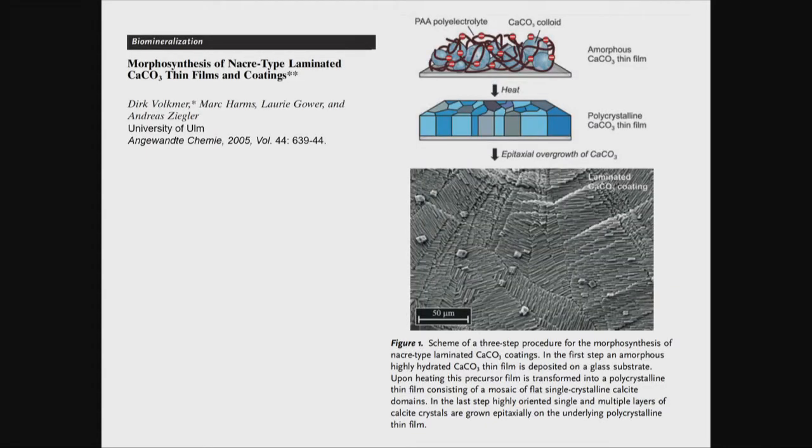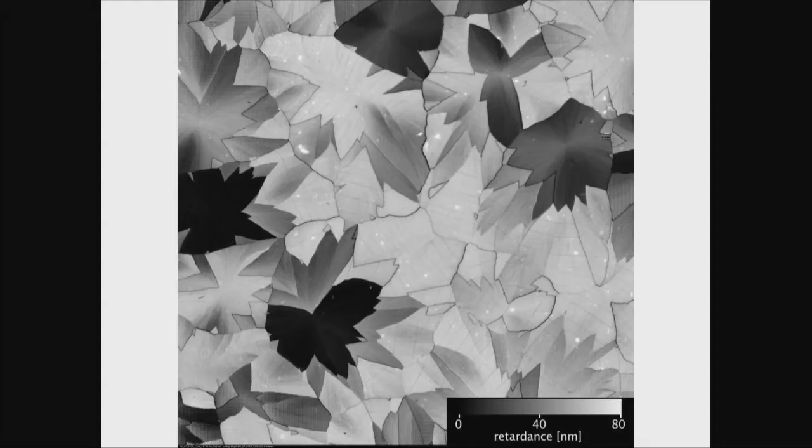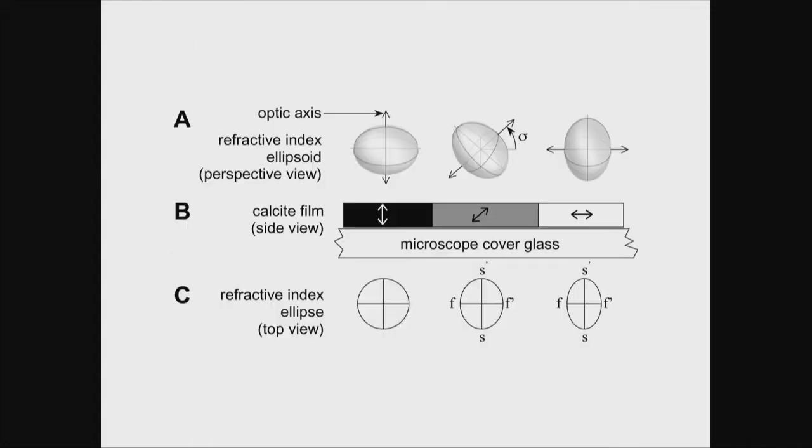This is how these layers are made. It's an amorphous calcium carbonate. Calcite is one crystalline form of calcium carbonate. And then with heat, you can make this thin layer, and then you get in the polarized light microscope the retardance of these thin layers that change.